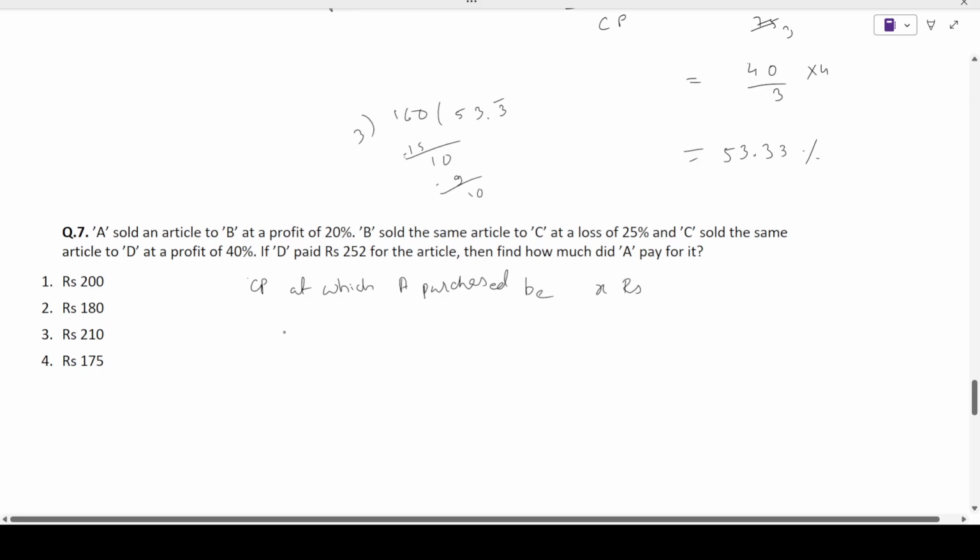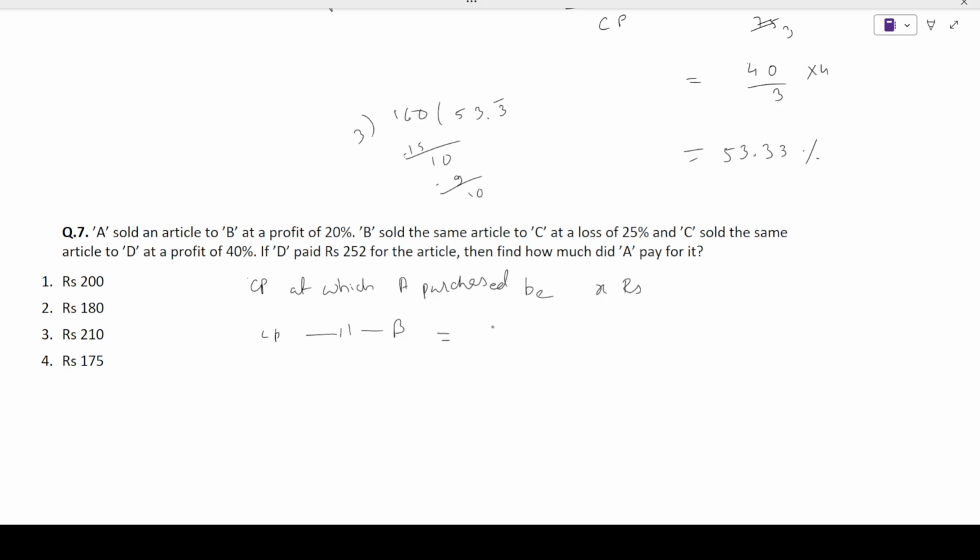So when A sold it to B, the cost price at which B purchased becomes 20% profit on this X, that can be written as 1.2x. This is the cost price at which B purchased this.